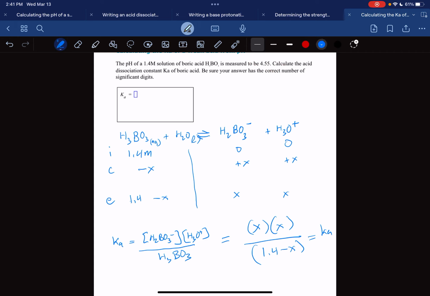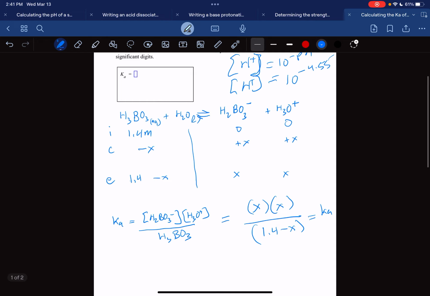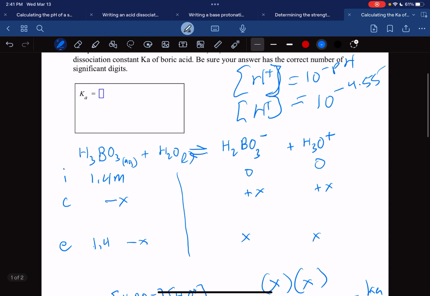Well, we know this. If we want to figure out our H plus concentration, that's supposed to be a square bracket, it is equal to 10 to the negative pH. So if we want to figure out our H plus concentration, we put it to 10 to the negative 4.55, and here's where I wish I'd been a little bit more judicious with my spacing.